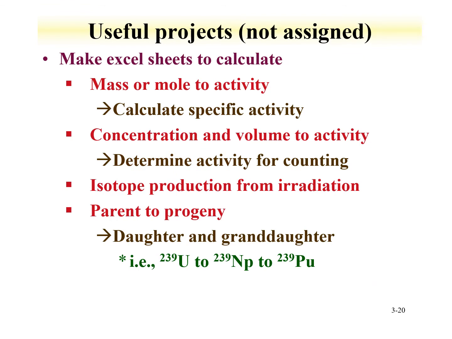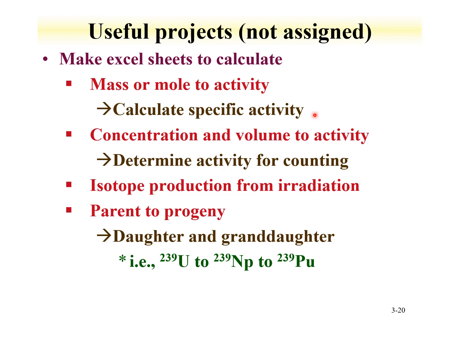All these equations can be used to develop some Excel spreadsheets that can provide calculations. So for instance, and this is not an assignment, this is just if you were to do further work within radiochemistry, you can develop Excel spreadsheets where you can input some data like the mass or the mole of a certain isotope and determine the activity. You can get a concentration, and if I knew the volume of a certain amount of isotope, I can calculate the activity.